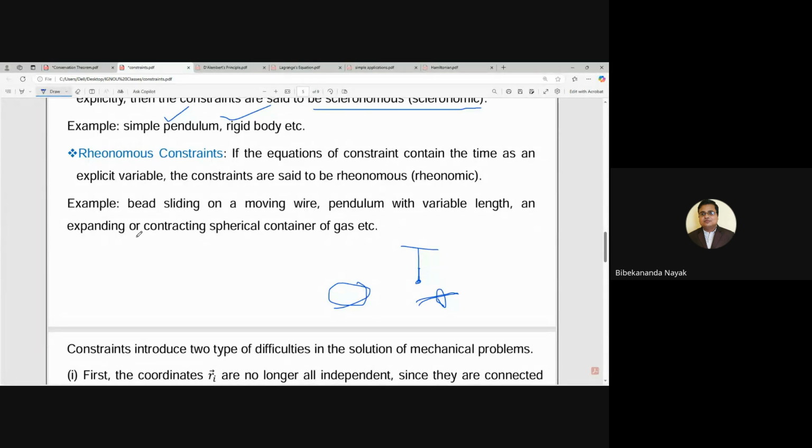And an expanding or contracting spherical container of gas: suppose the size is actually increasing or decreasing, varying. Then we call it a time dependent constraint or rheonomic constraint. Okay?